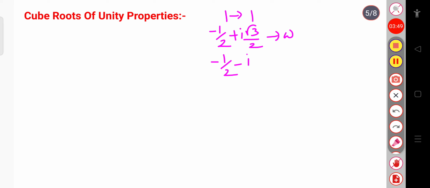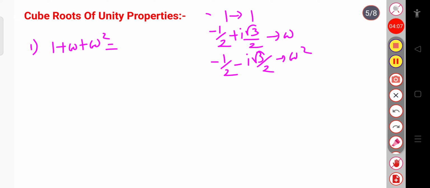For 1 this is 1, for minus half plus iota root 3 by 2 this is omega, and for minus half minus iota root 3 by 2 this is omega square. The first property is 1 plus omega plus omega square.